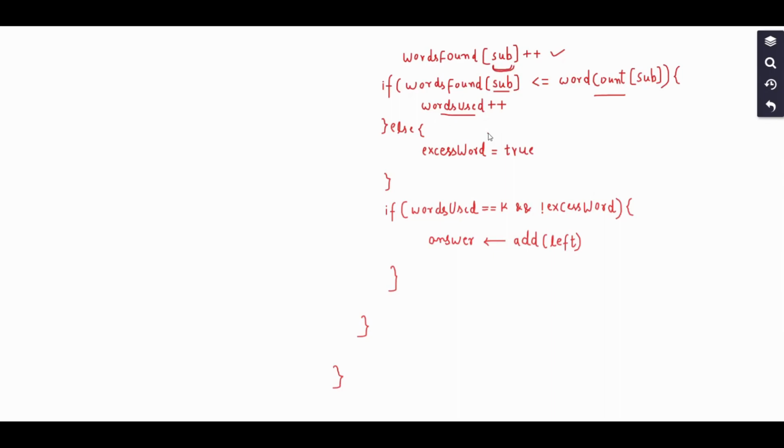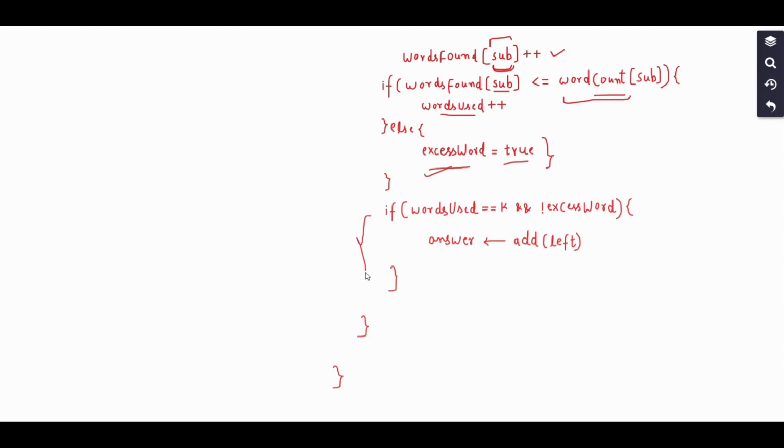Hence we increment the words used variable by 1. Otherwise this is an excess word and we turn this variable to true, because the words found hash map contains the presence of this word more than it is required in the final substring. Therefore we turn the excess word to be true.